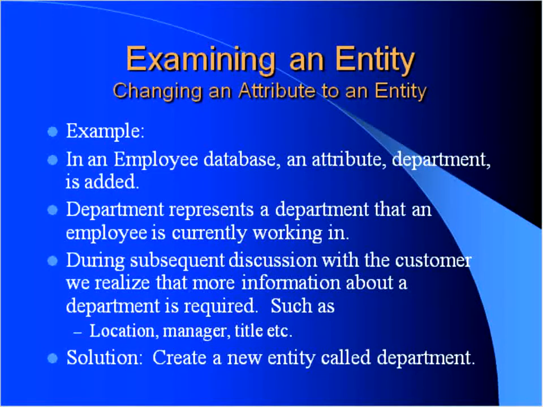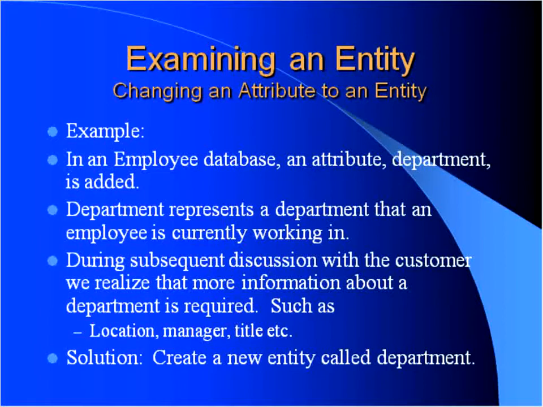So, basically, what we would do is examine an entity. For example, in an employee database, we have an attribute called department. Department could represent the fact that an employee works in a particular department.